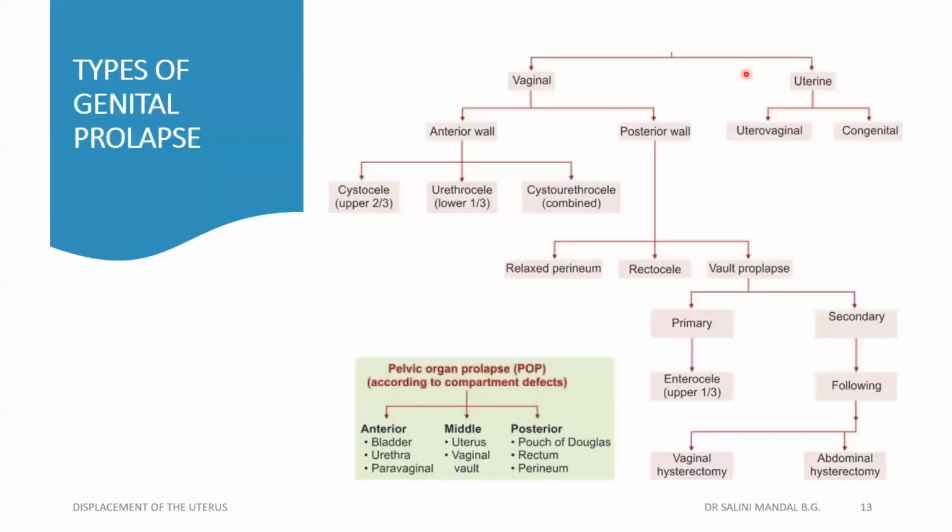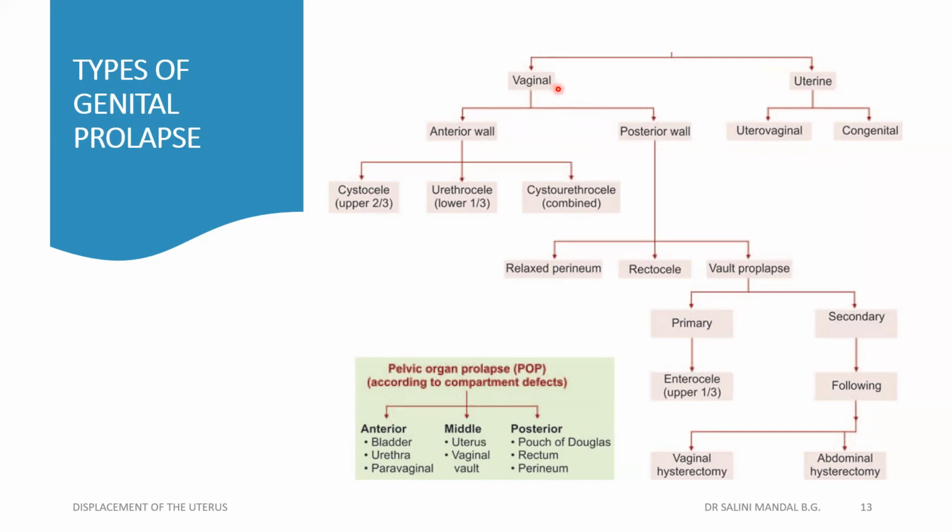Now, next, coming to the types of genital prolapse, a bigger topic. It is broadly classified into vaginal prolapse and uterine prolapse. Remember that while vaginal prolapse can occur independently without a uterine descent, uterine prolapse is usually associated with variable degrees of vaginal descent.